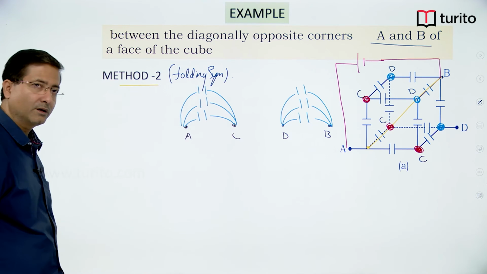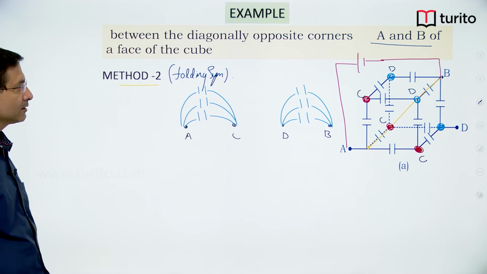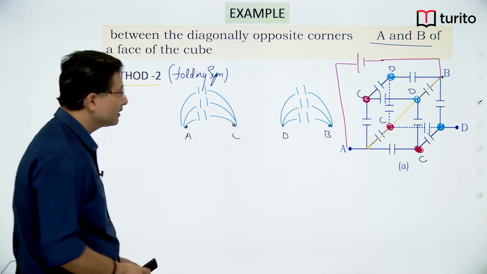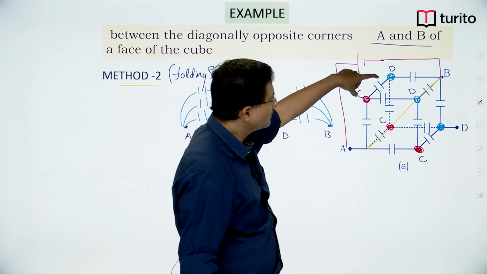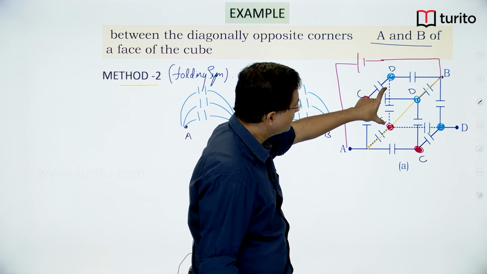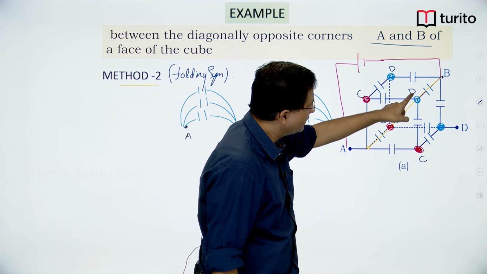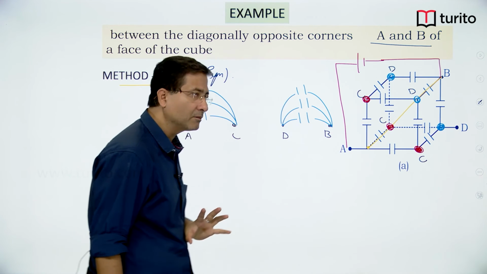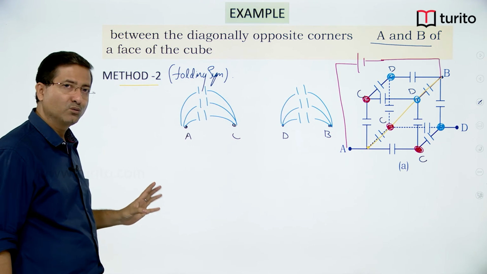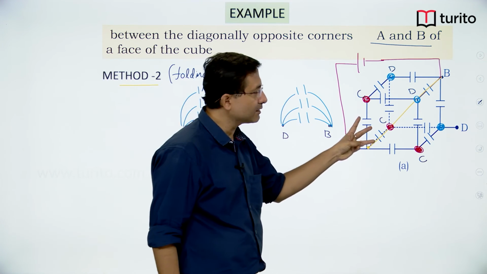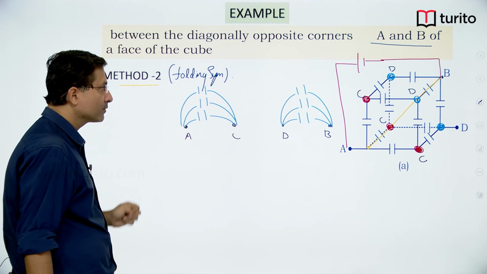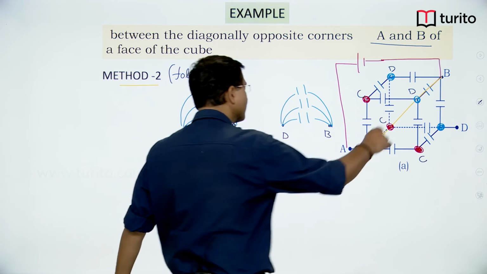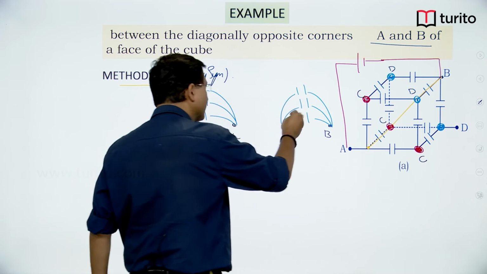So, 6 over, the remaining 6 between CD, between this CD, between CD. So, rest all are connected between CD. Through A there were 3 capacitors connected, we have already drawn. Through B there were 3 capacitors connected, we have drawn.